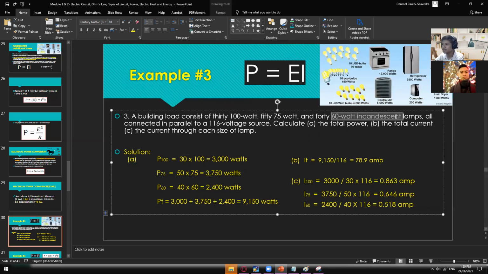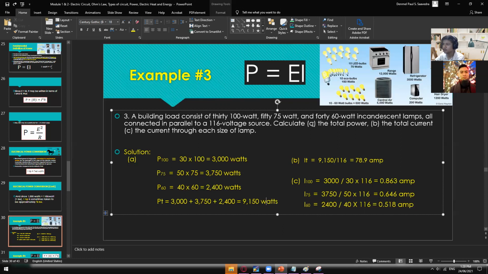The same with the 60 watt: multiply by 40 and you will get 2,400 watts. Then all you need to do is add those wattages: 3,000 plus 3,750 plus 2,400 gives a total of 9,150 watts.